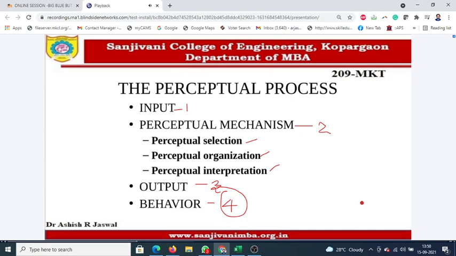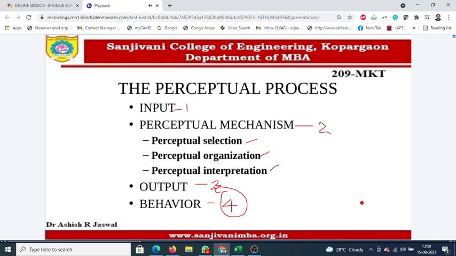Now actually, during the process of selection, organization and interpretation, the human being is assisted by a memory bank, or the information that is stored in his long-term memory. This information stored in his long-term memory, or available in the memory bank, is called schema.